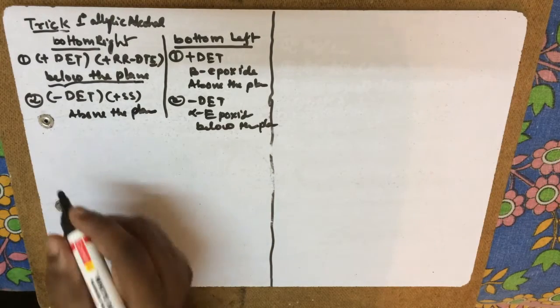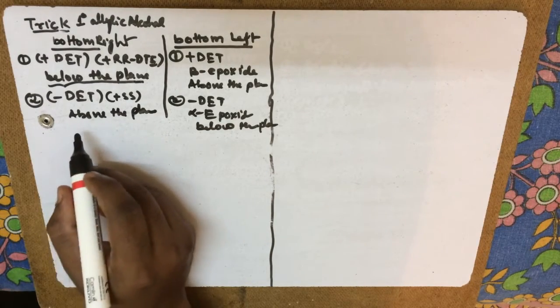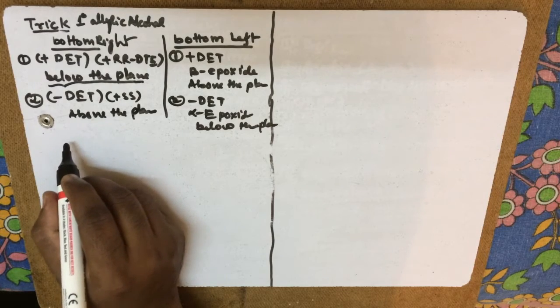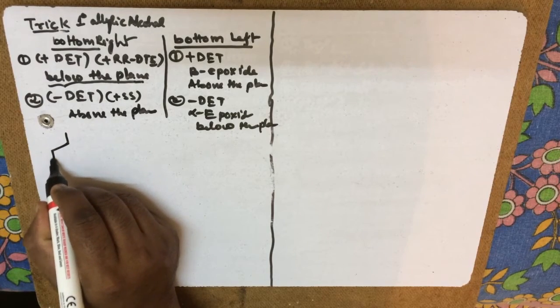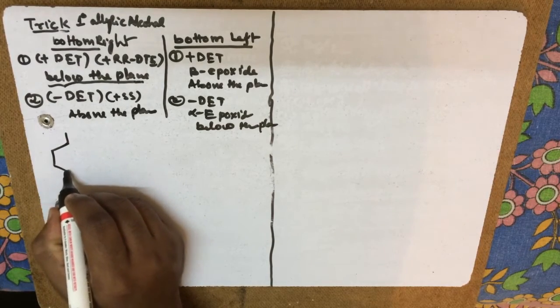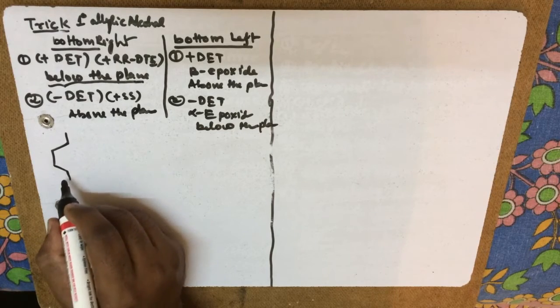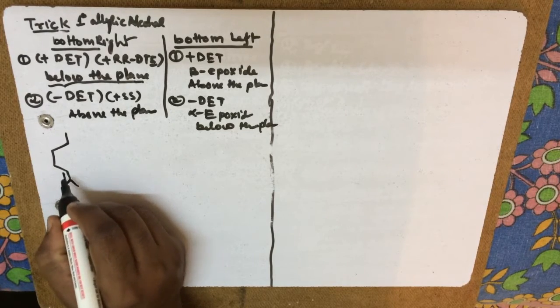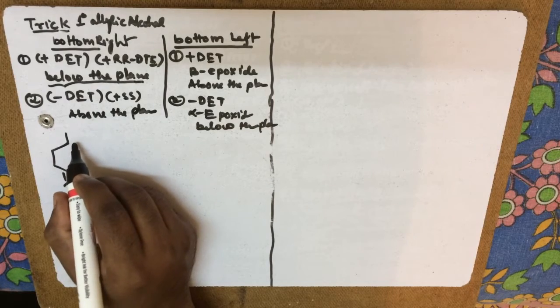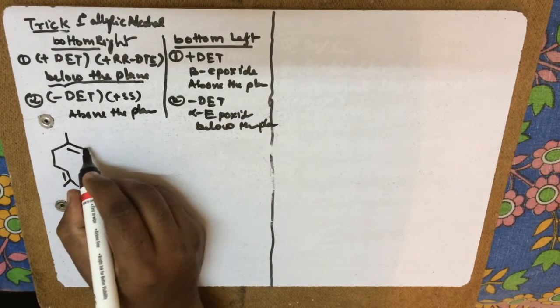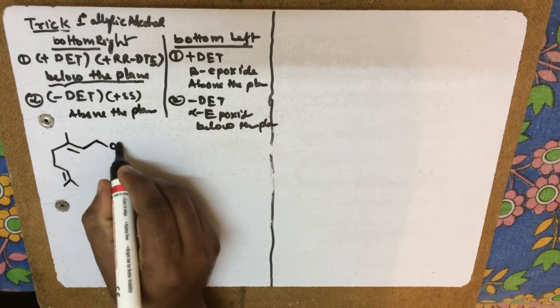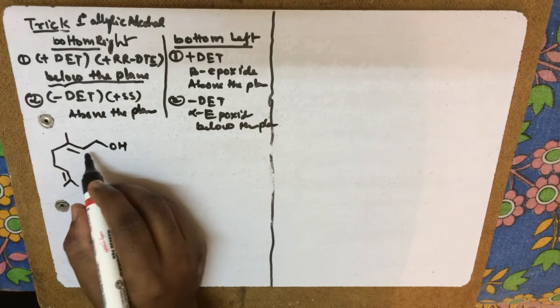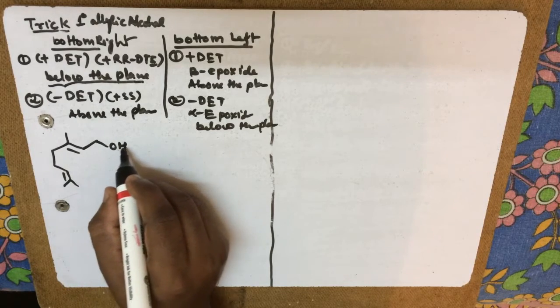So if you take one example, then you can easily understand the problem. So you have these molecules. If you see here, your primary allylic alcohol is on the right side.